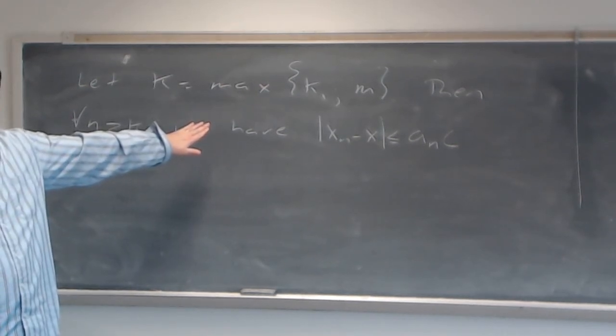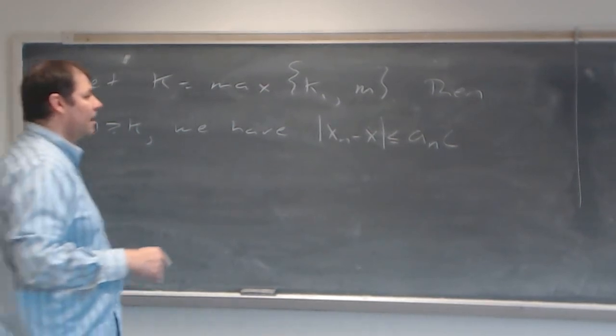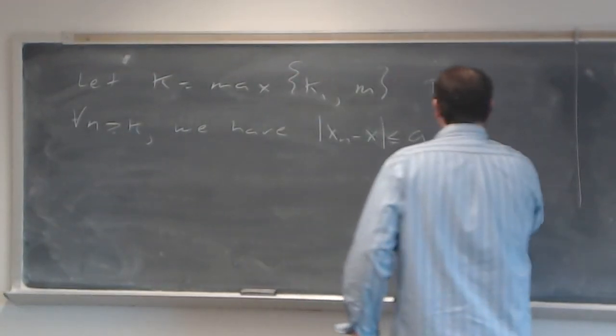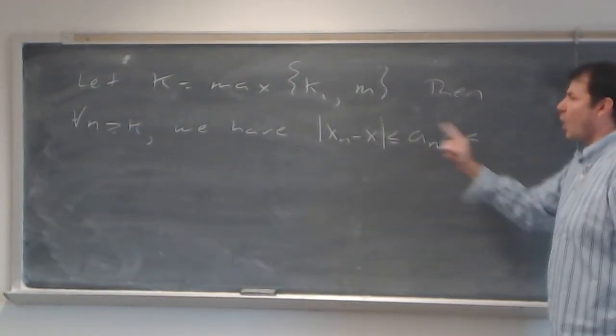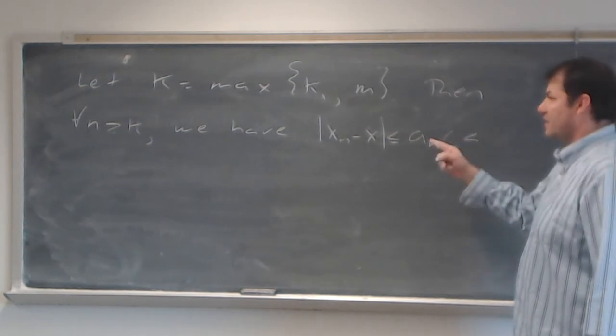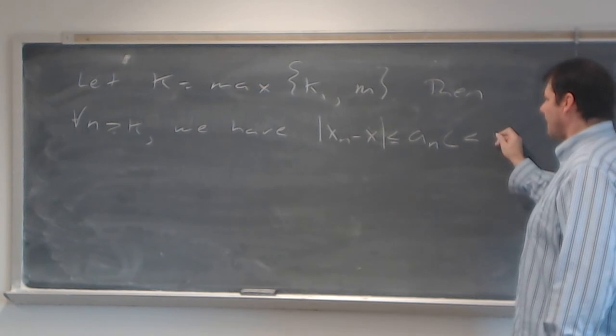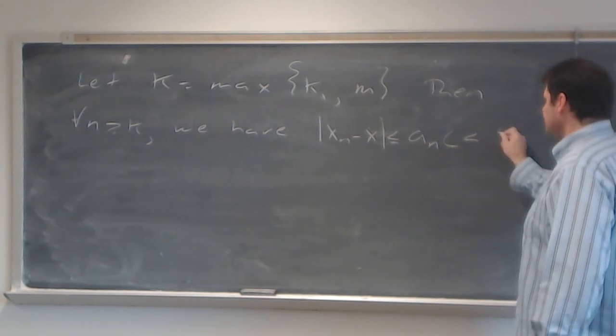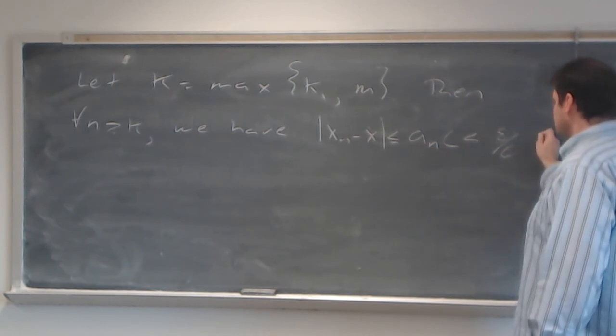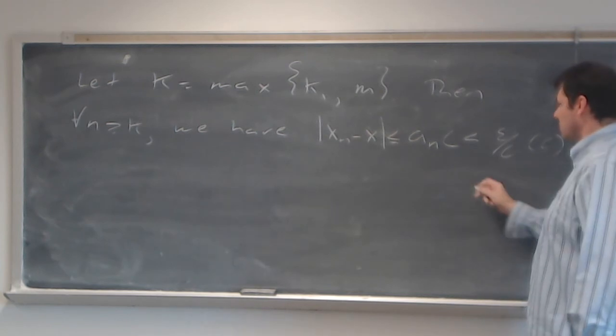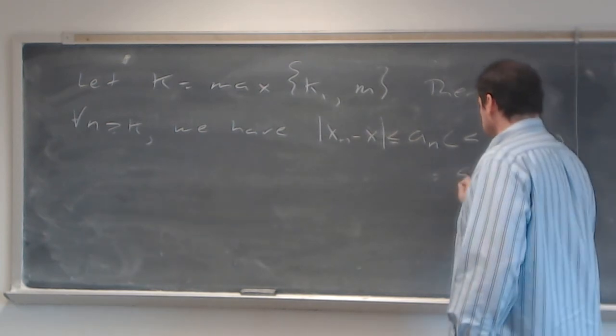Is that okay? But this is going to be less than a sub n for all n's bigger than or equal to k. If you're bigger than k, you're bigger than k sub 1. So the a sub n's are going to be smaller than epsilon over c. And then I still got times c, which equals epsilon.